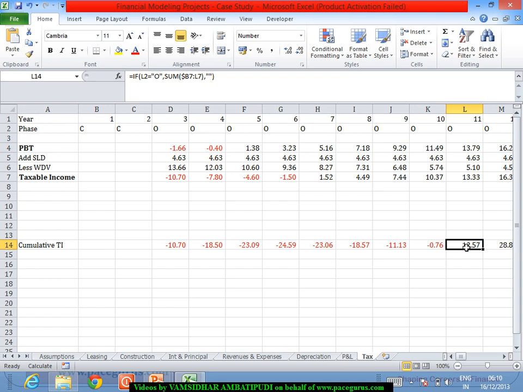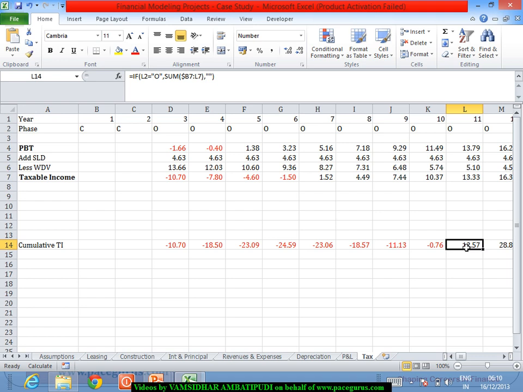Only where the cumulative taxable income is coming out to be positive, that is where I'm supposed to pay the tax, right? Only where the cumulative taxable income is positive, that is the year where the tax incidence actually comes into the picture.